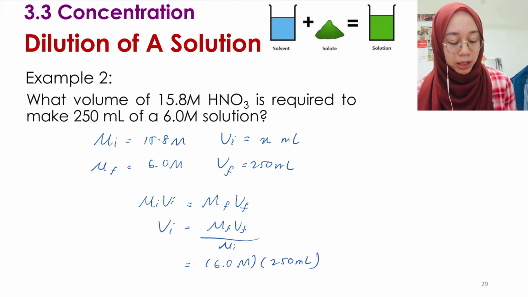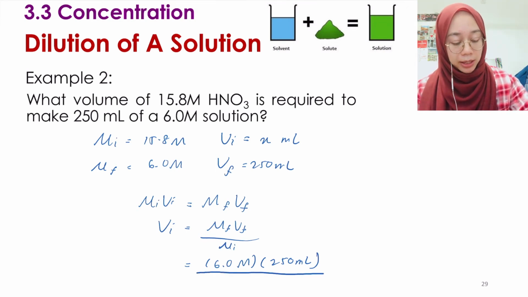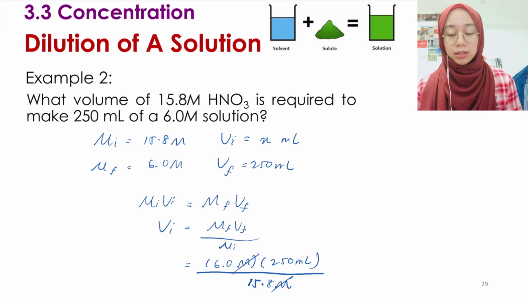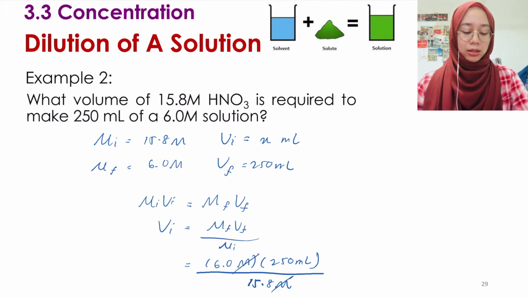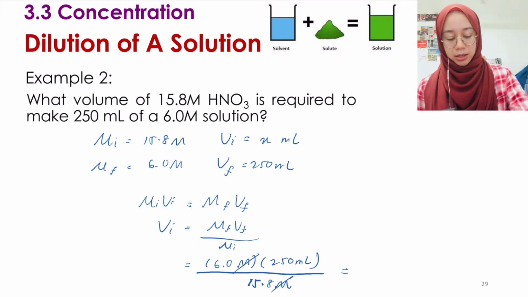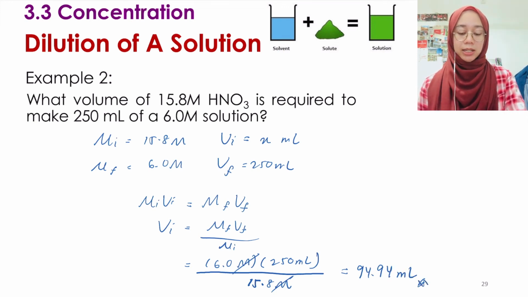So it's up to you nak bagi dalam jawapan mililiter ataupun liter. Tapi Miss biar je lah mililiter. Okay, and then yang bawah ni 15.8 molar. So the molarity you can cancel out. So just use your calculator to calculate. So 6 times 250 divided by 15.8, you will get 94.94 milliliter. Okay, so this is the final answer.